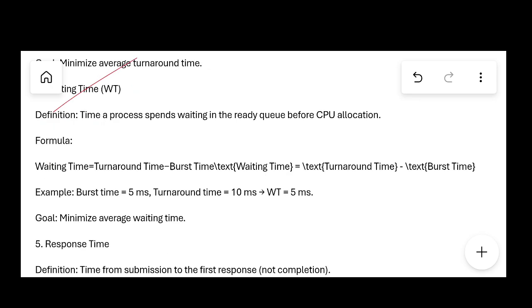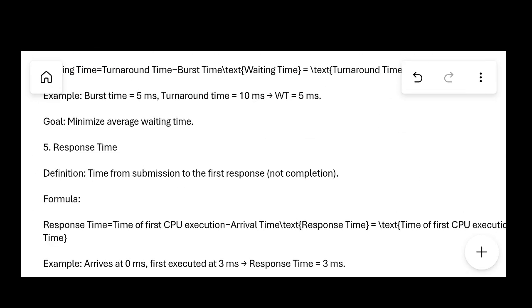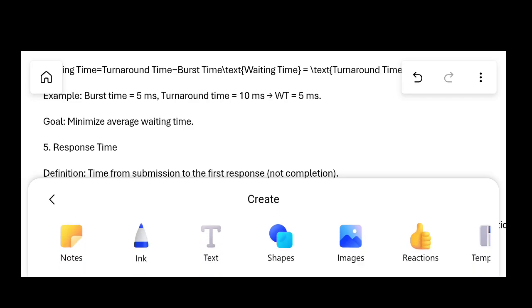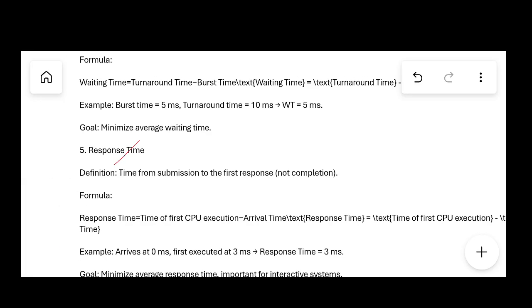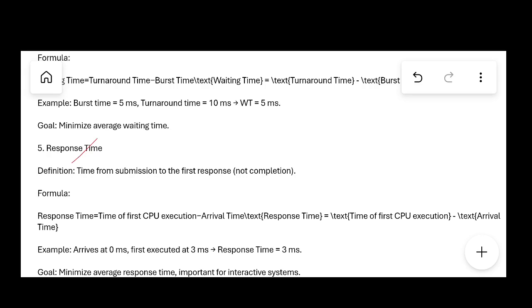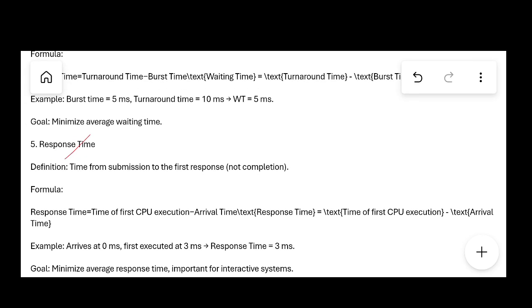Then response time. Let's understand response time. Basically, response time is the time from when a process enters the system until it gets the CPU for the first time.